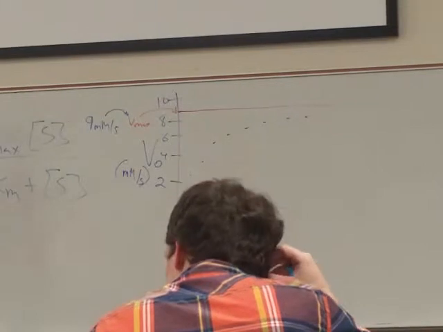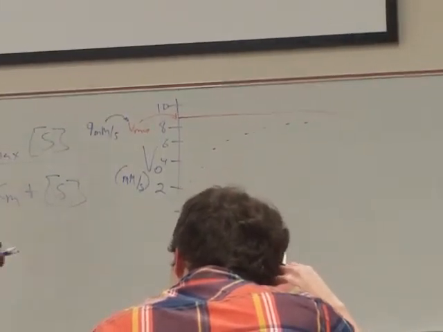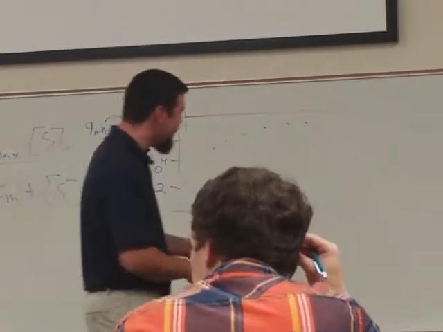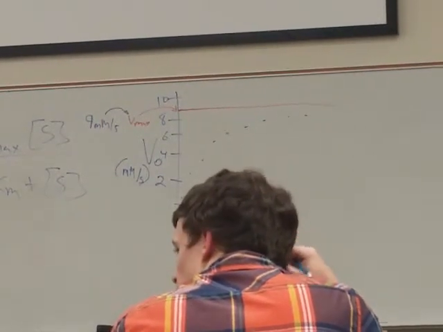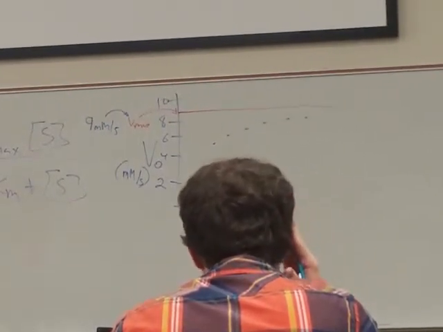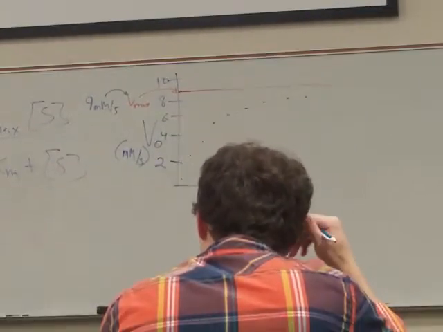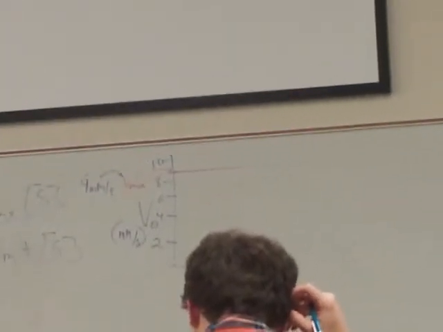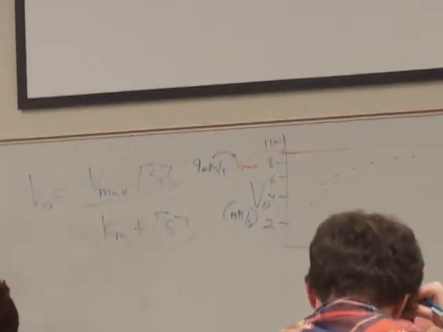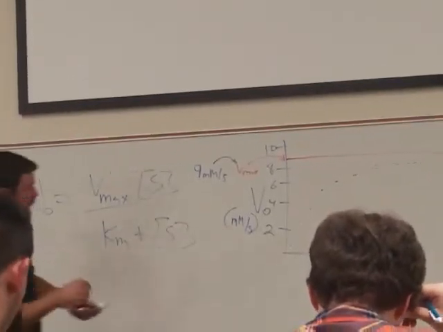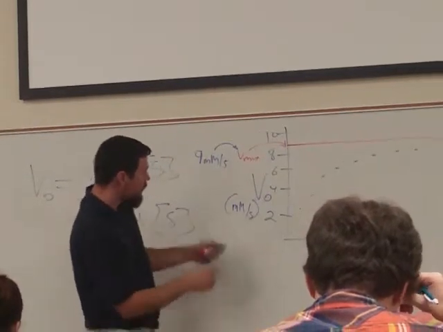If I did, the people that didn't show up today are all getting failed. So, no, I'm not going to do that. It's an important thing to know, okay? Because it really tells you what the Km is. The Km is this understanding of the affinity that it has for its substrate. Okay. So that's how we look at this, right?